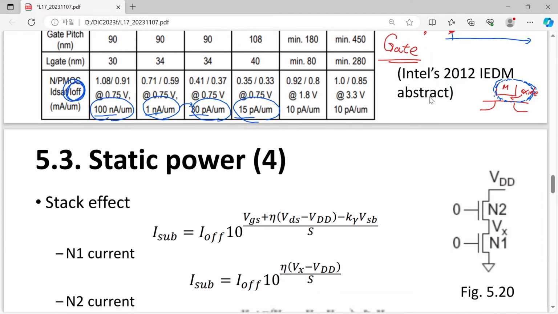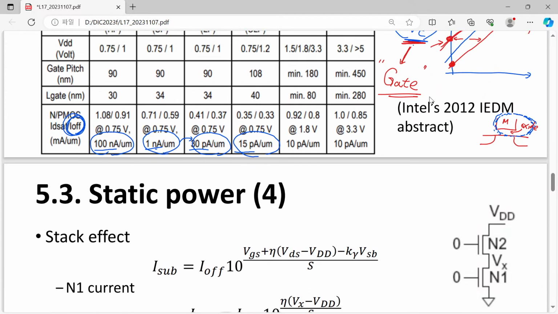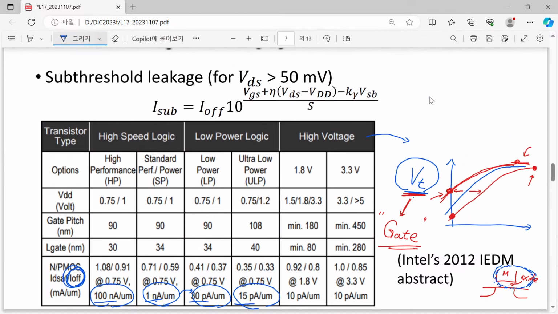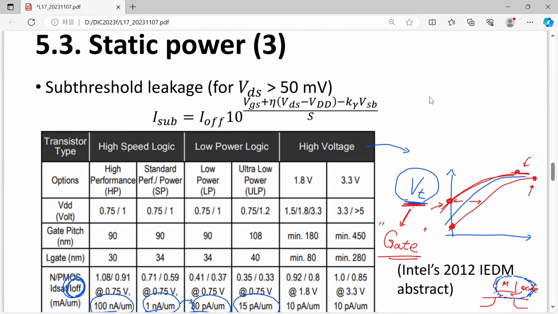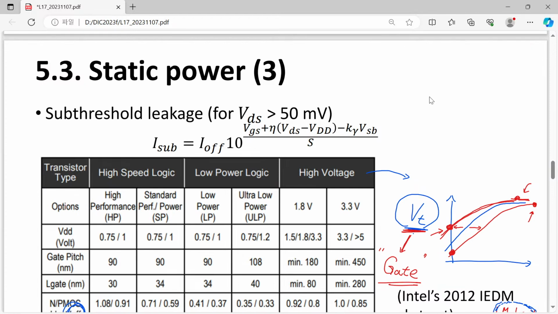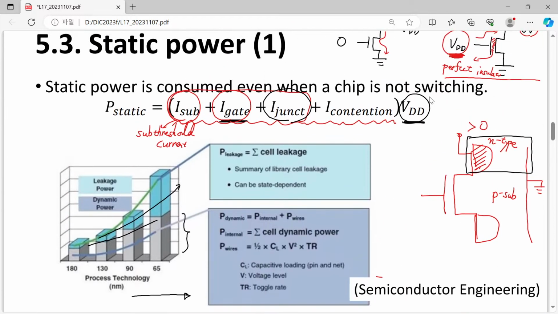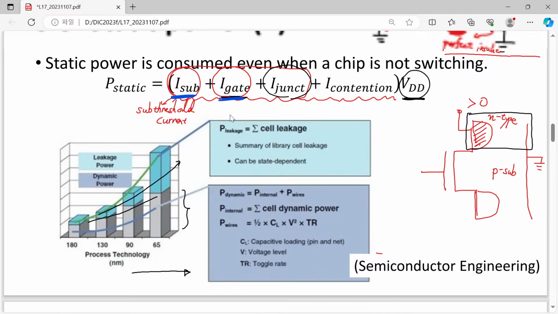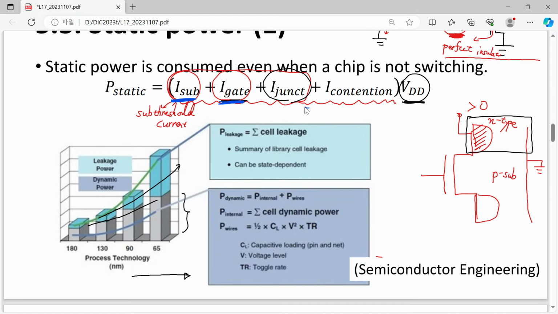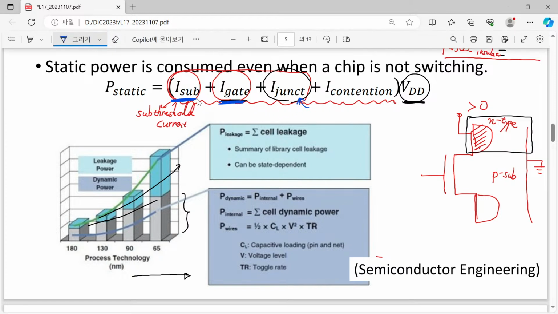Okay, so up to now we have studied terms like static power consumption and their origins. What is the origin of these transistor leakages? We have identified subthreshold current and gate leakage current as the two most important ones. Of course, here we have junction current, but its importance is relatively low compared with the subthreshold current and gate current.